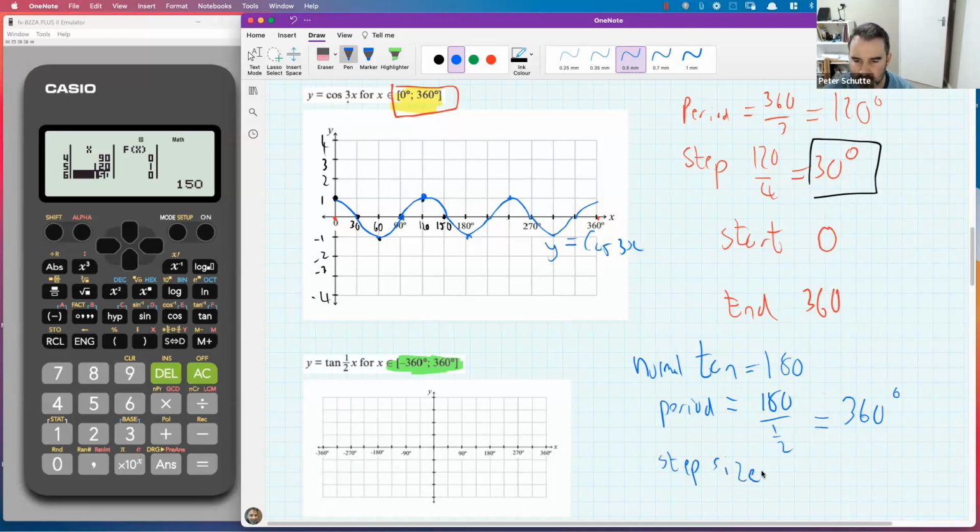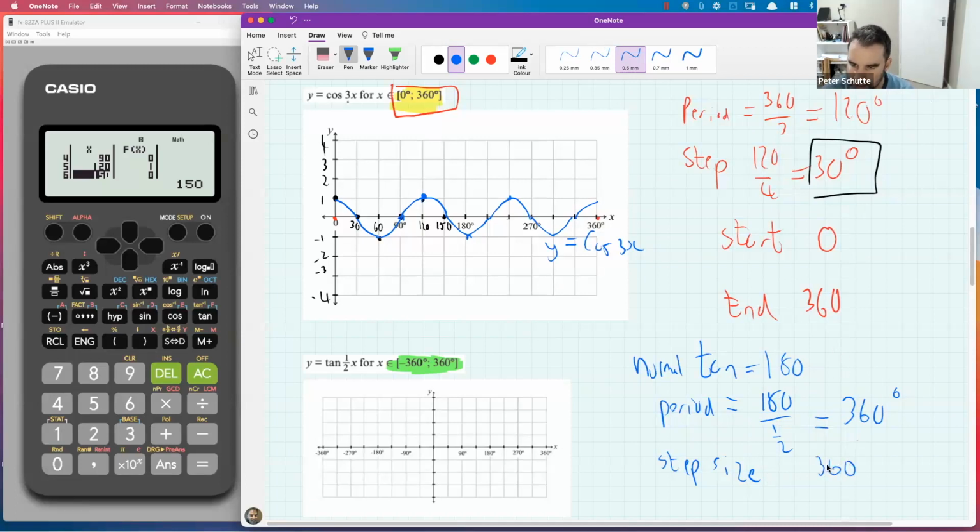The step size just basically gives you points however often you need them. Sometimes there can be more than one solution. So the period is 360.